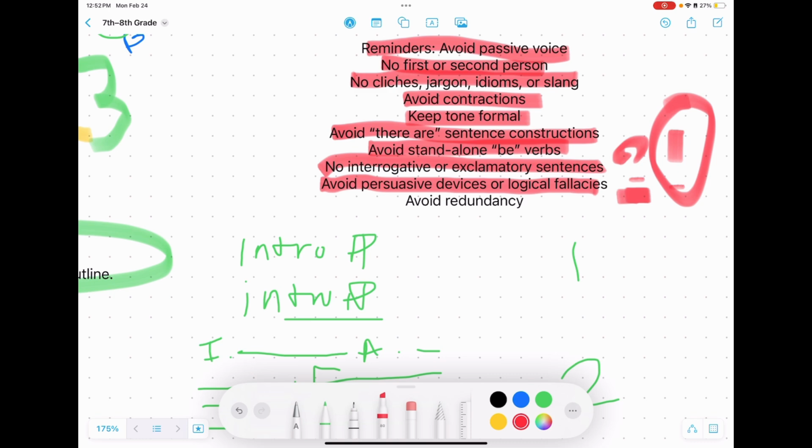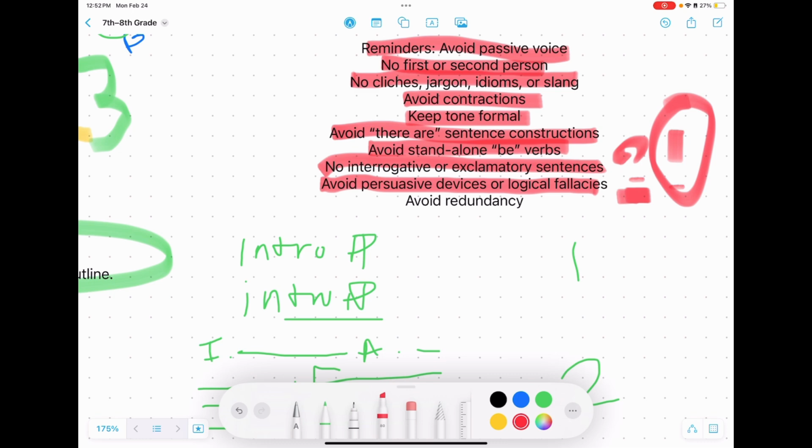So if you haven't been with me and we haven't covered that yet, we will cover it, and you can look back over and make sure. But we're not persuading our audience. We're not moving them to action. We don't want them to do something. We just want them to look at our information and agree with us. So that is the goal of research writing. So no logical fallacies, no persuasive devices.